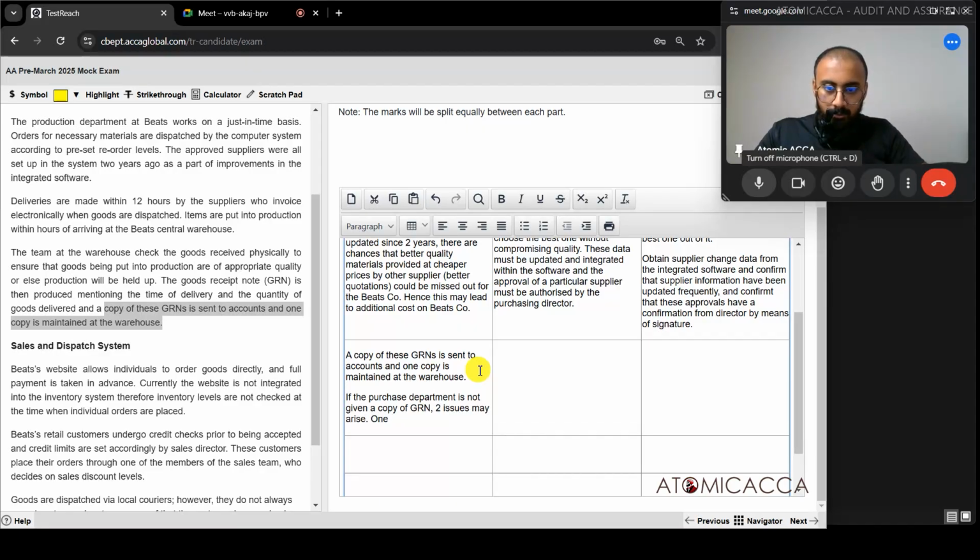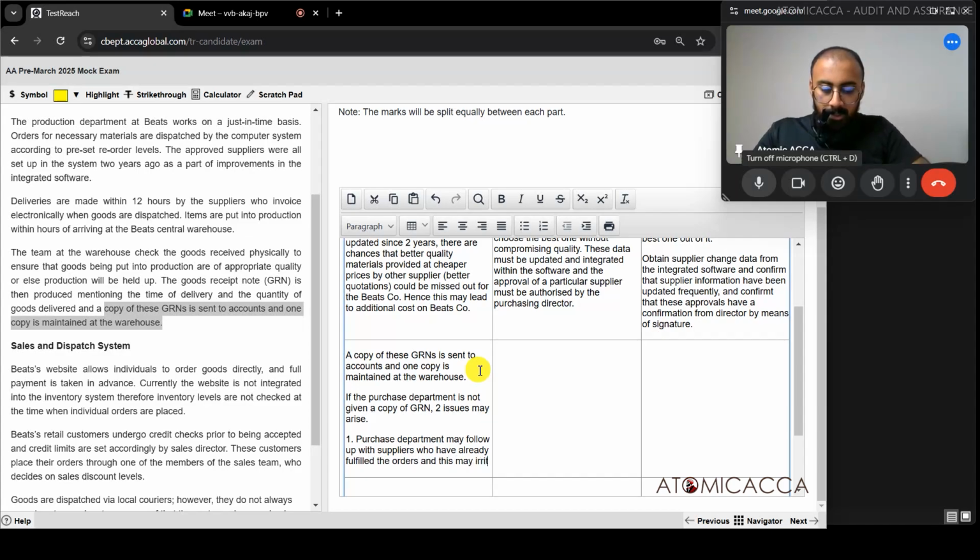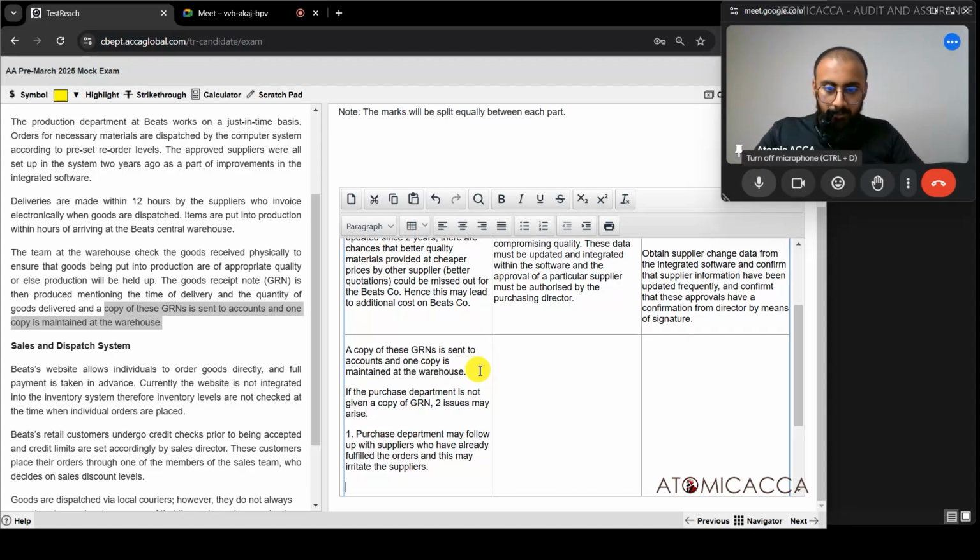One, purchase department may follow up with suppliers who have already fulfilled the orders, and this may irritate the suppliers.